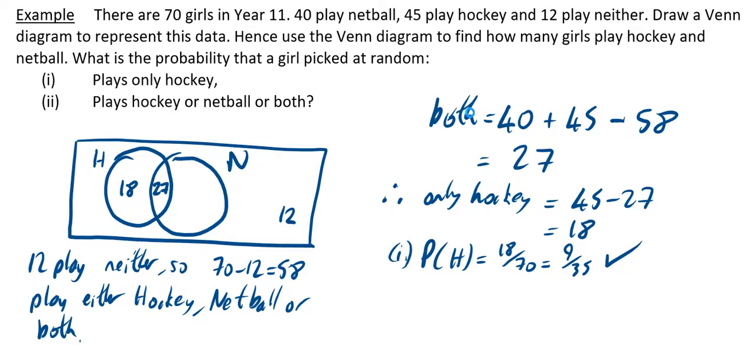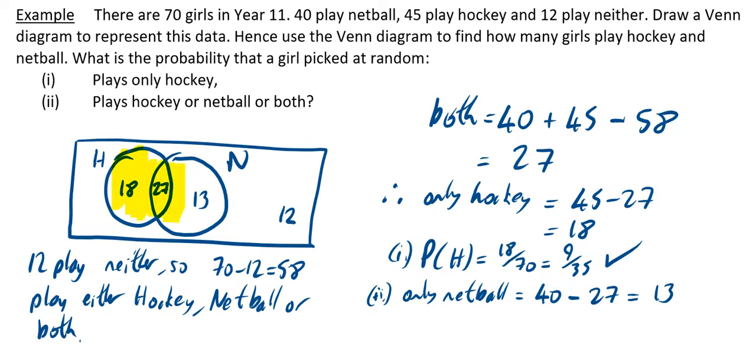Same idea for part 2. What we need to work out first is the number of only netball, which is your total for netball, 40, minus your 27 overlap. 40 minus 20 is 20, 20 minus another 7 is 13. So you've got 13 in here. Then your final probability is that somebody plays hockey or netball or both. That is this whole shaded bit, the overlapping circles, that's what we're looking for.